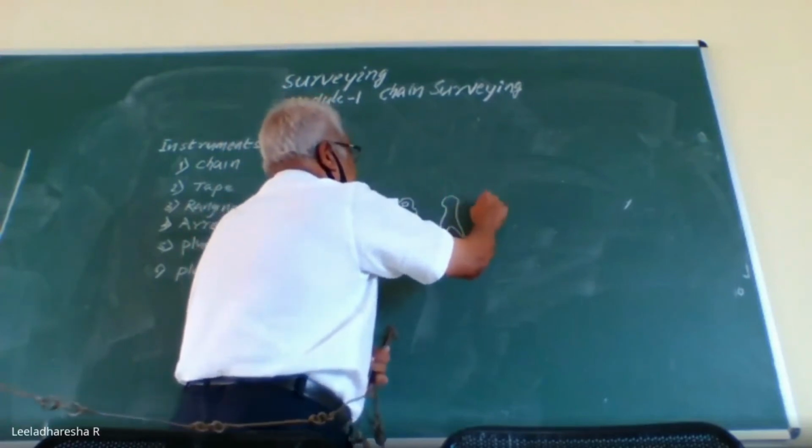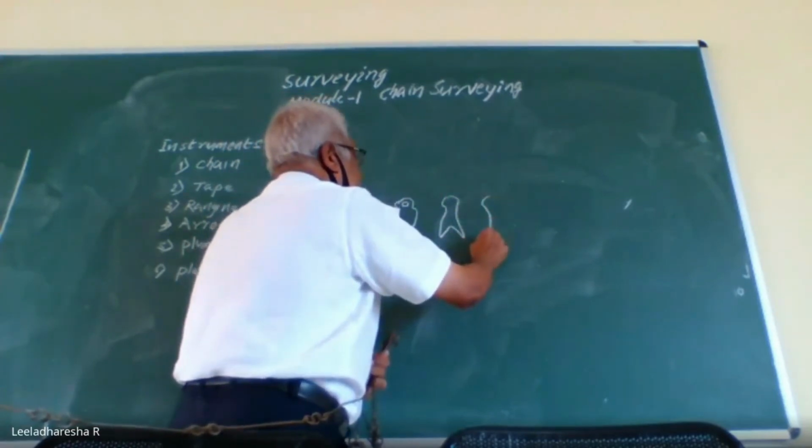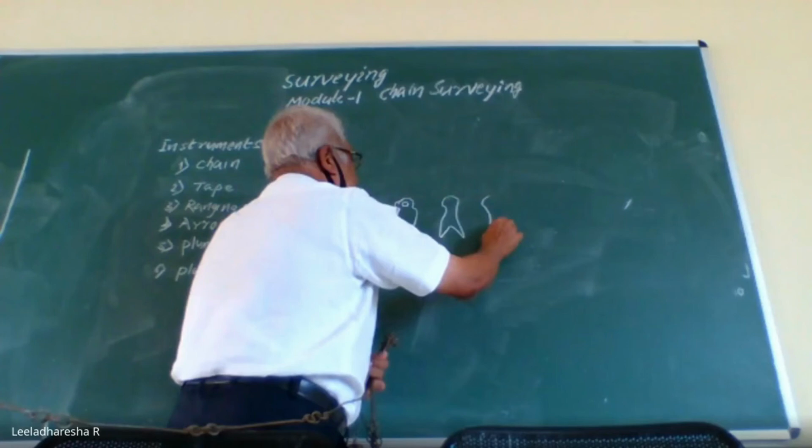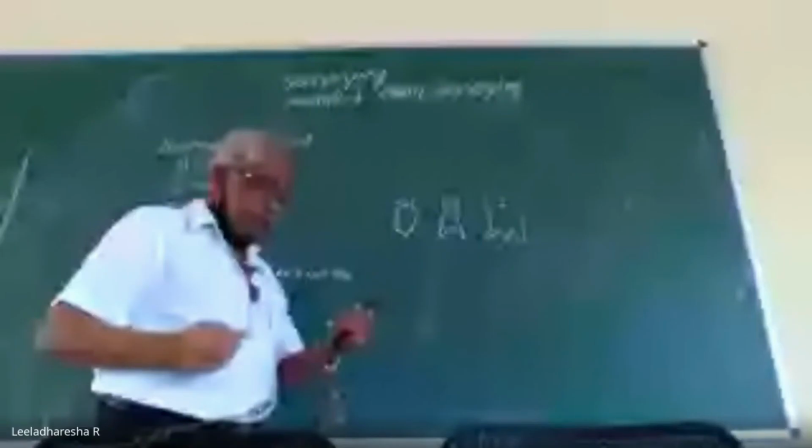And at the end of 15 meters, the leaf will be like this. Three cuts. This is a metric chain. Again, different types of chains are there. These are available in 5, 10, 15, 20 and 30 meter lengths.